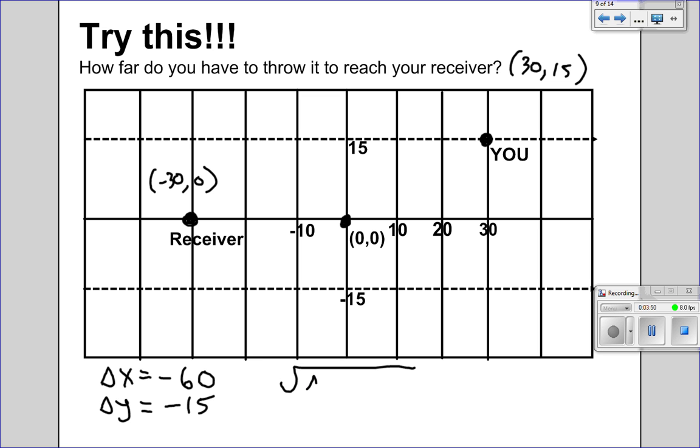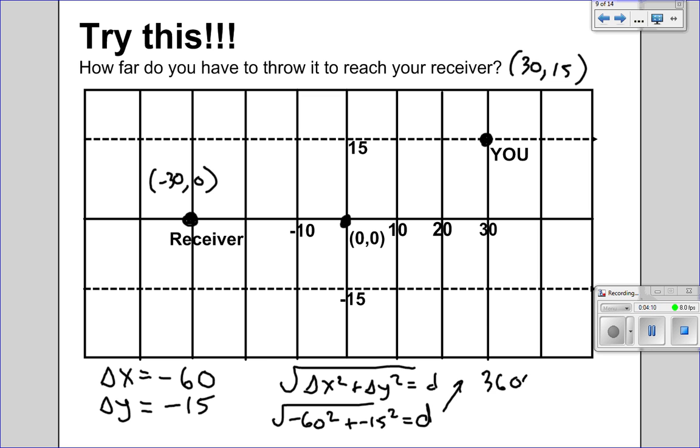So let's plug in to our formula here. We get the square root of negative 60 squared plus negative 15 squared equals d. Well, a negative times a negative is a positive. So you get 3,600 plus 225.